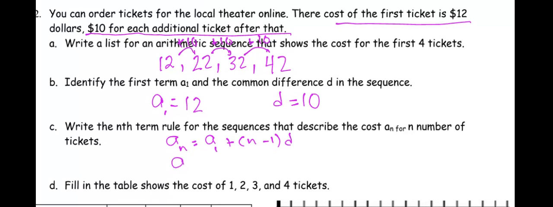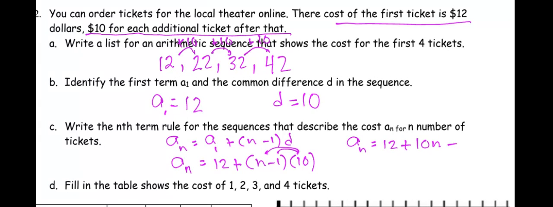That means I need the first term and the common difference, which we already found. So we have a sub n equals 12 plus n minus 1 times 10. Now I can leave this like that, or I can distribute the 10. So I'm going to have a sub n equals 12 plus 10n minus 10. So a sub n equals, I have like terms, 12 minus 10 is 2, plus 10n.